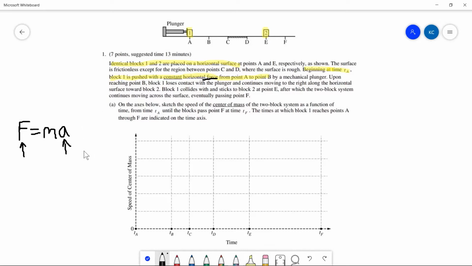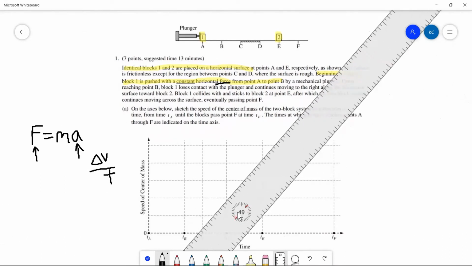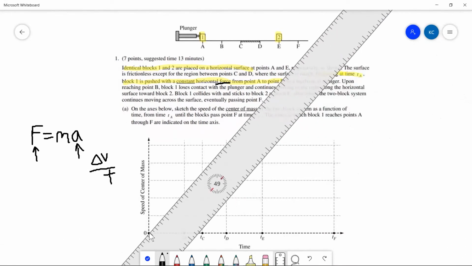And since acceleration is the change in velocity over time, if there's an acceleration, the velocity is increasing. So we can first start off with a sloping line from point A to B. If you don't know already, for a speed versus time graph, constant acceleration would be a linear sloping line.